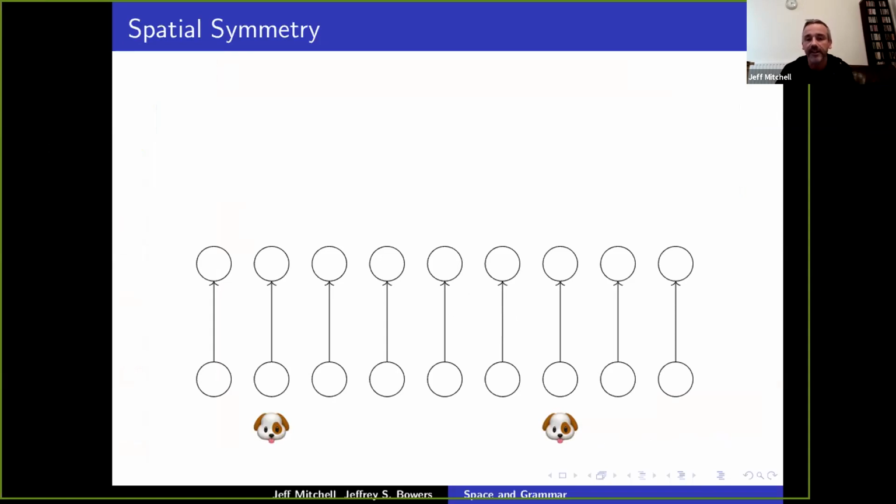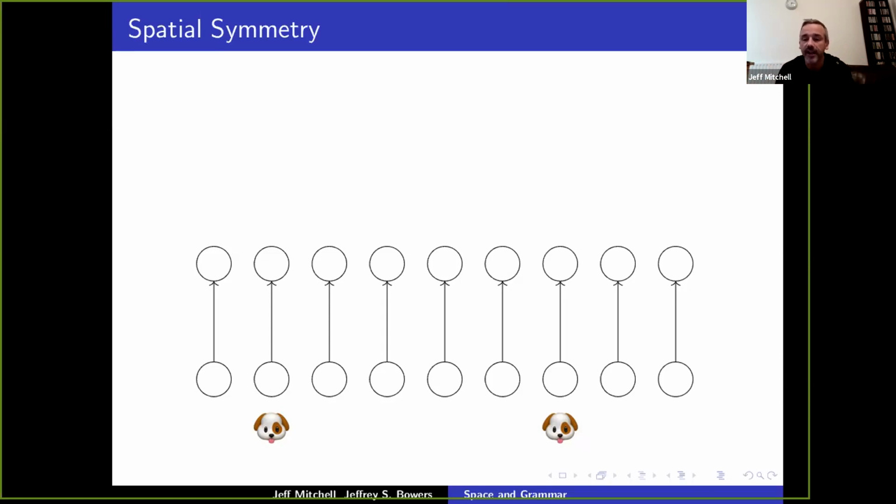It's been enormously useful in helping us recognize pictures of dogs, mainly. And so the important thing about spatial symmetry is that given a dog in one position in the training set, we are able to generalize to the same picture of a dog anywhere else at test time. So this has been an enormously important constraint on the architectures that people have looked at in deep learning.